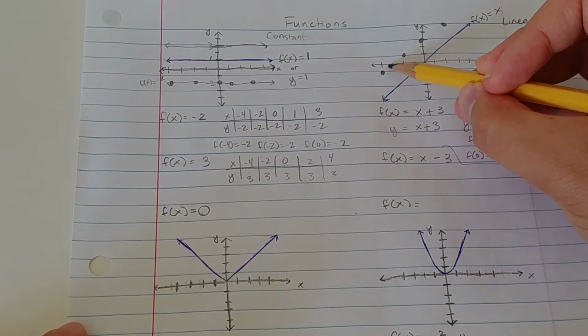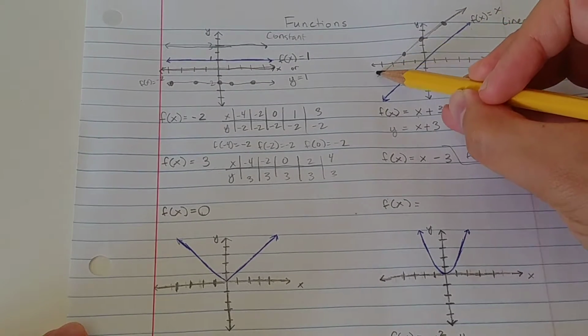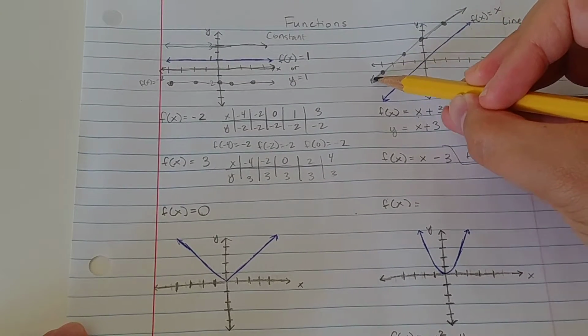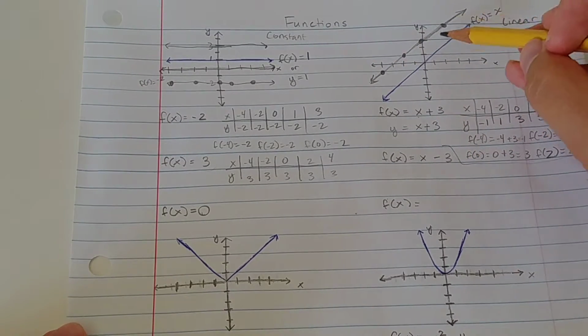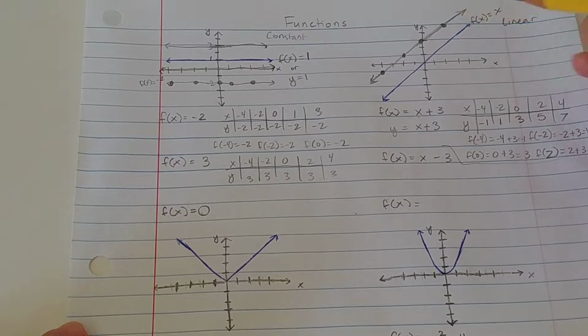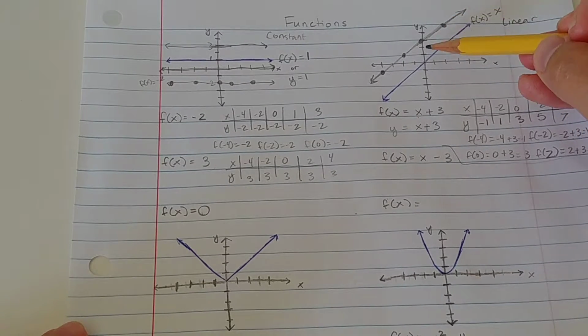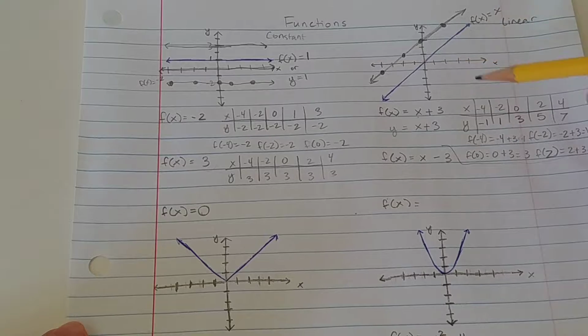And we connect those points. Hey, look at that. Notice that it looks parallel. Remember that from geometry. The slopes are the same, and they're never going to intersect. So these were parallel over here, and these two are parallel as well.